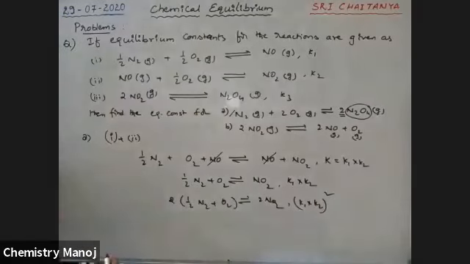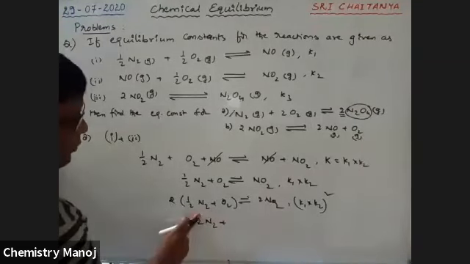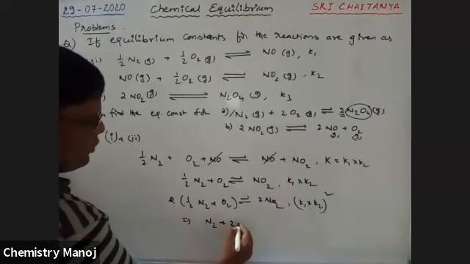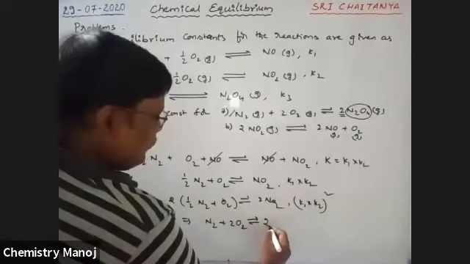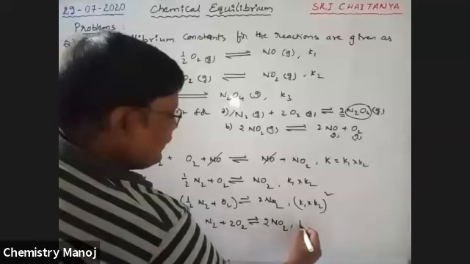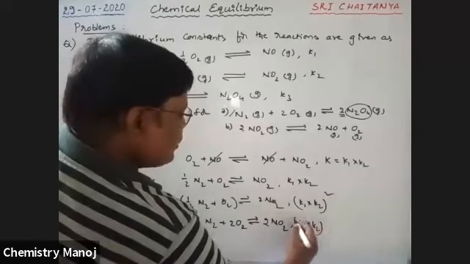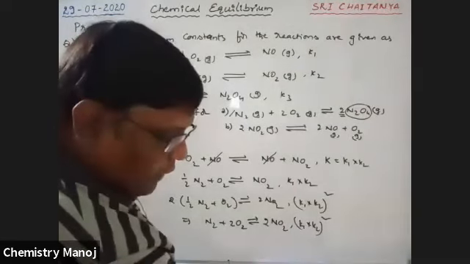So N2 plus 2 O2 reversible with 2 NO2, with K1 into K2 whole square.